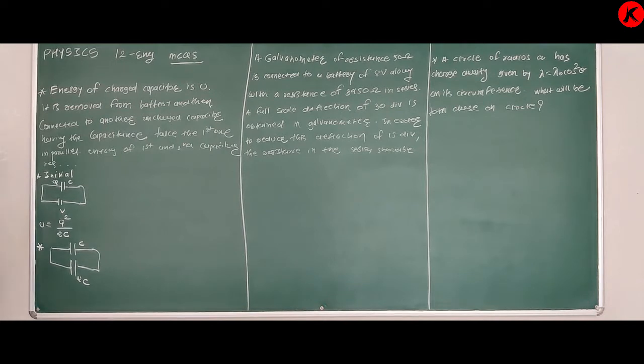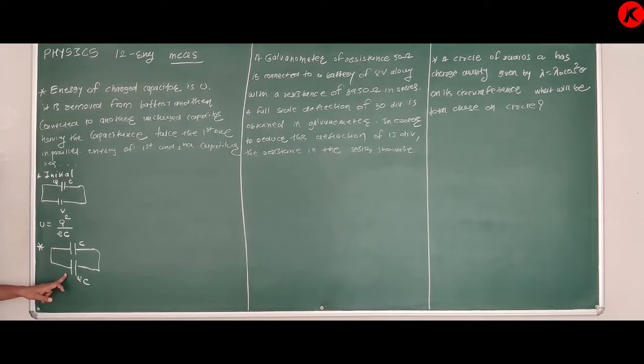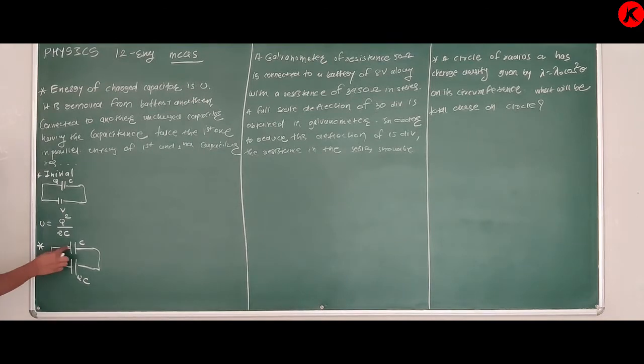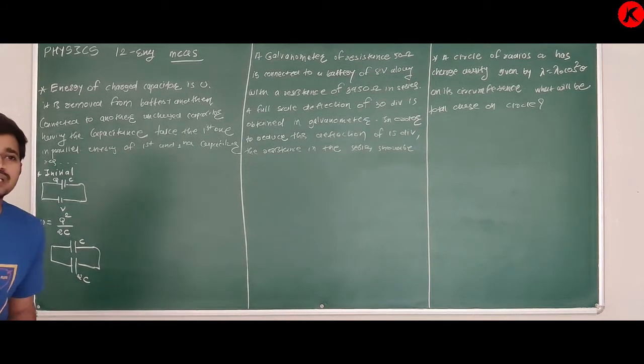As the first capacitor was connected to the battery, charge is stored on it. If we remove the battery and connect an uncharged capacitor, the first capacitor discharges and the second charges. Charge moves from the first capacitor towards the second, and in parallel this charge will flow until the potentials become the same.